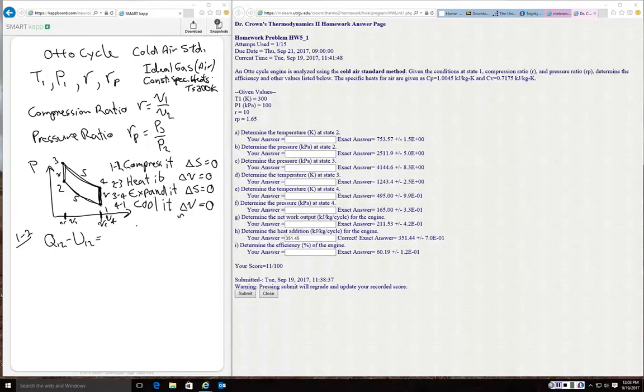And that's the same as delta U 1 to 2 plus change in kinetic energy 1 to 2 plus change in potential energy 1 to 2, but we're recognizing that there's no change in potential energy, there's no change in kinetic energy, so all we're left with is the internal energy. Remember, it's a piston cylinder assembly, so especially if it was laying on its side, then there's no change in elevation, but even vertically mounted, there's not a significant change in elevation. The system's not accelerating, so those are good assumptions.